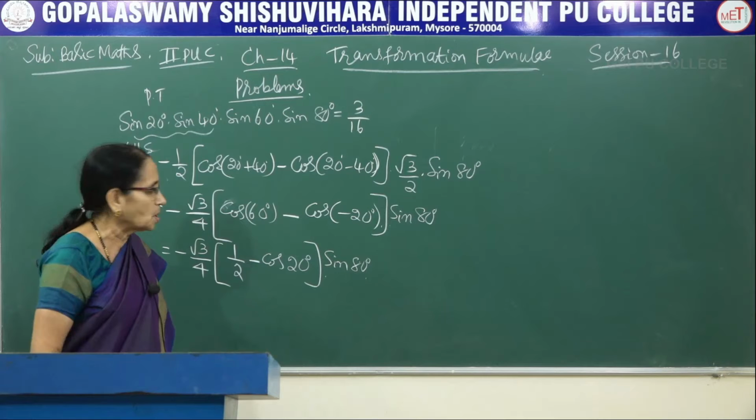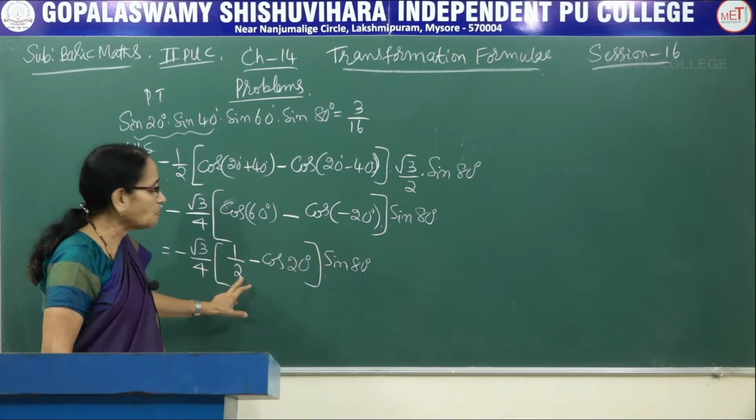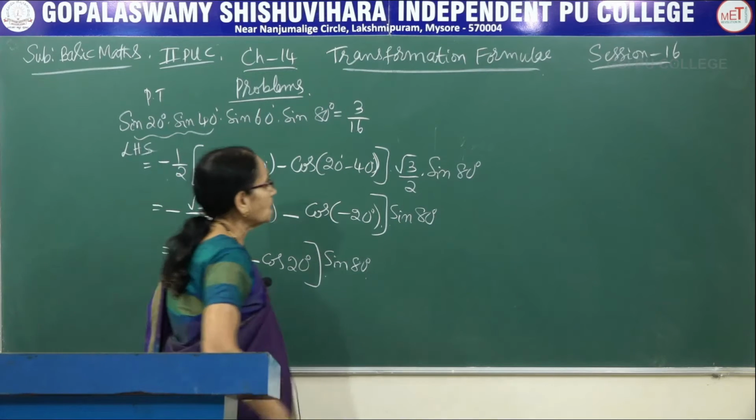Now what I do is, outside the bracket, this is one term, this is another term. Multiply both the terms inside the bracket by the two terms outside the bracket.